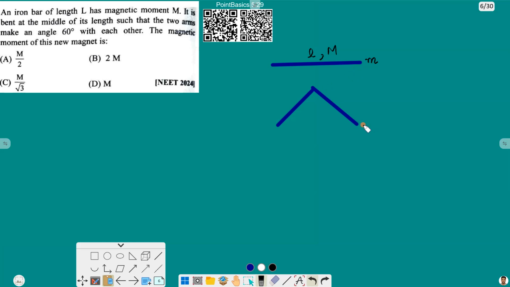As we bend the magnet, pole strength does not change. And here this angle is 60 degree and this length is L by 2. So pole strength is m here. Now what we can do, we can find the value of this length.